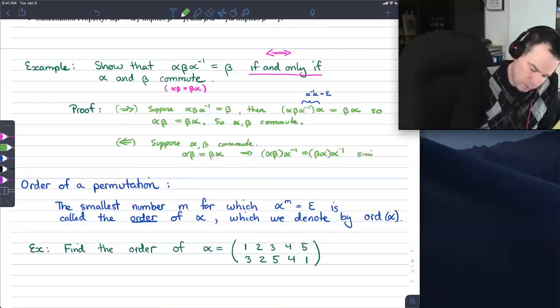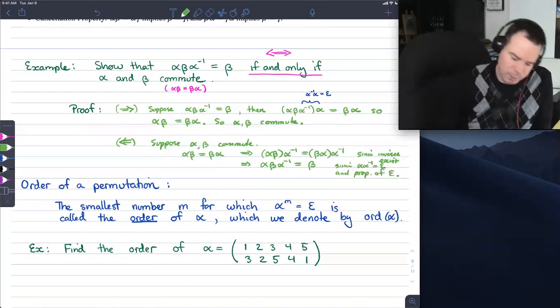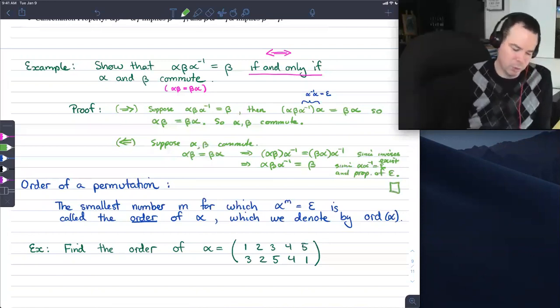And again, since inverses exist, much the way we did it before, we then get alpha beta alpha inverse is equal to beta, since alpha alpha inverse is the identity, and we use the property of the identity, that when you multiply by it, you leave it unchanged. And that gives our proof.